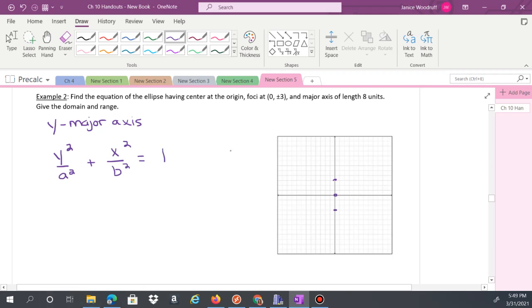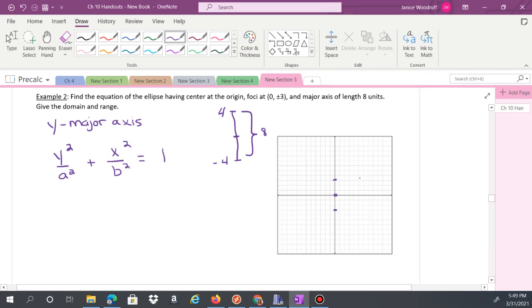Now we know that the length of the major axis is 8, which means from the top to the bottom, it's 8. So this line from here to here, that's 8 divided by 2. What would it be on either end? 4. So this would be 4, and that would be negative 4.